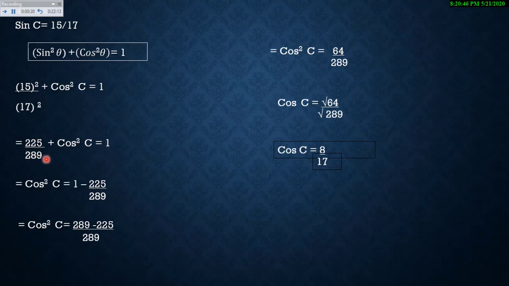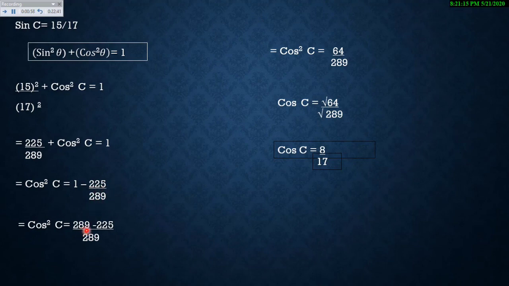We are sending this 225 by 289 to the RHS. So cos square C equals to, here we cross multiply and by doing LCM we get 289 minus 225 by 289. How? Here 1 is there, no? We multiply 289 into 1 minus 225 into 1 by 289.